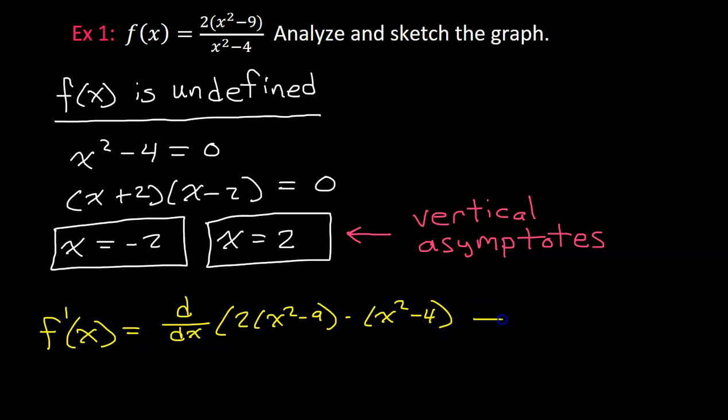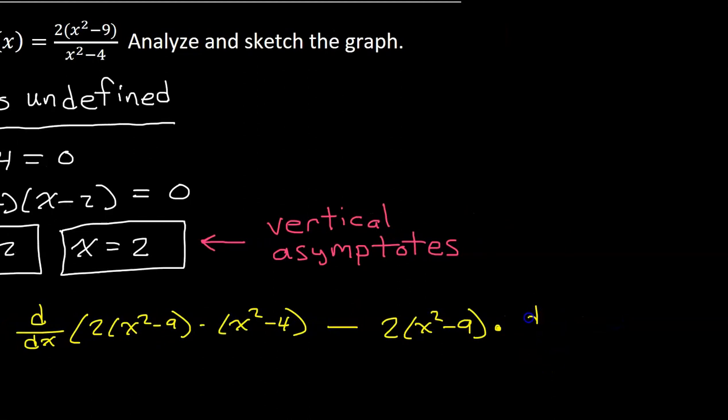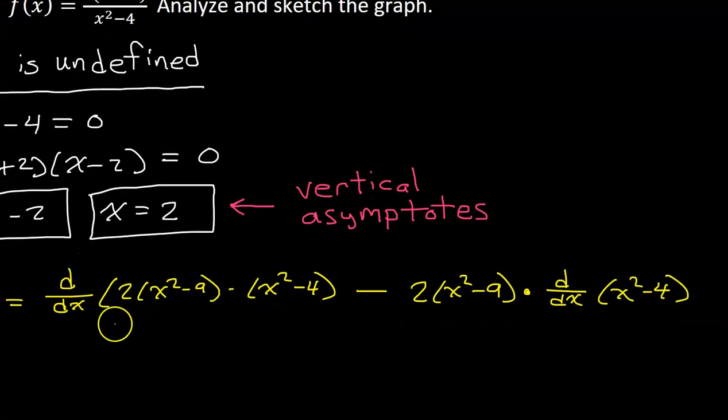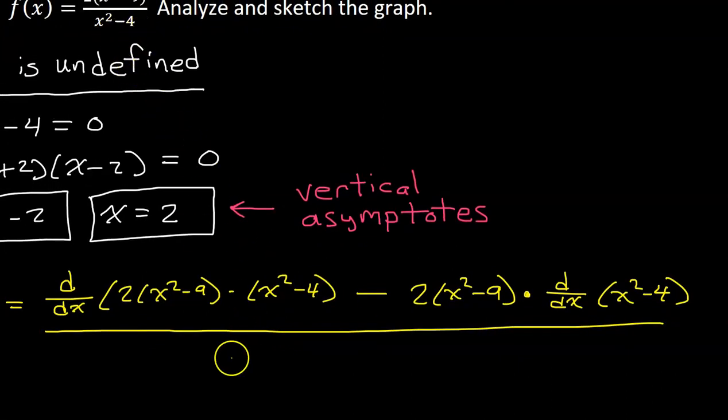And then we subtract, and this time around we leave the expression in the numerator alone as we multiply by the derivative of the expression in the denominator. But then we have to take all of that and divide by the denominator squared.